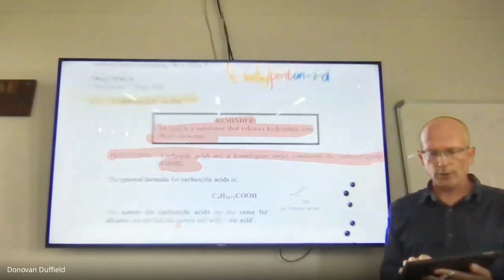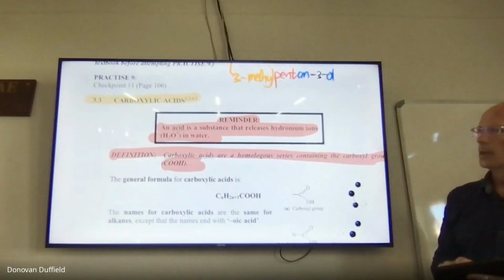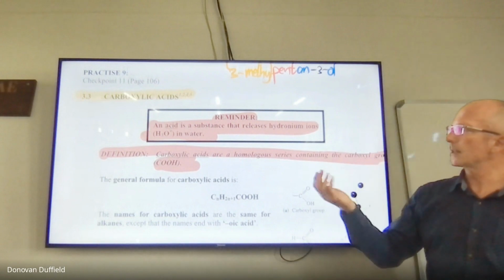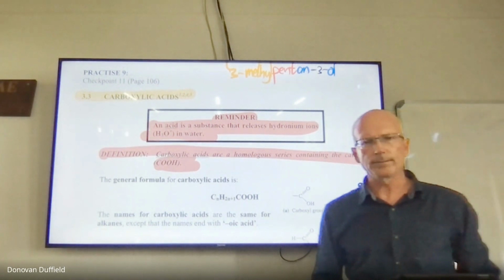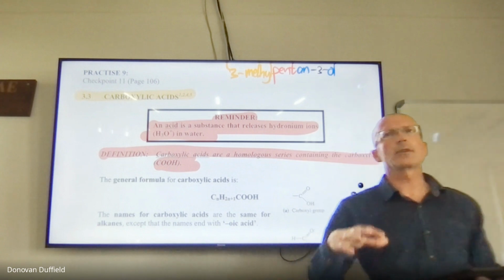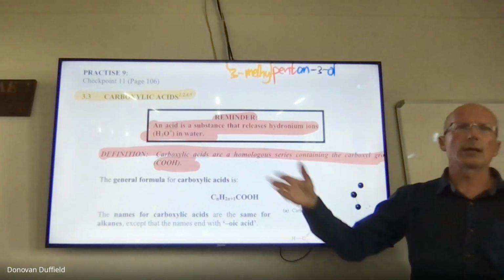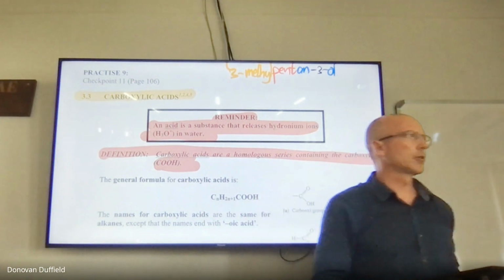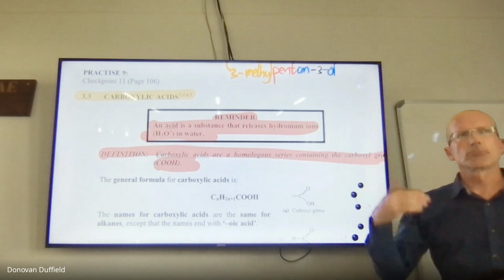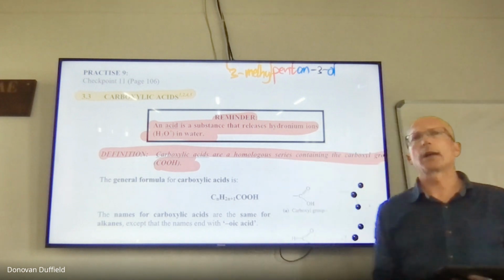The next is carboxylic acids. An acid is a substance that releases hydronium ions in water. You're doing this in grade 10, so you haven't done what we refer to as the Arrhenius definition of an acid yet. We will do that next year, in grade 11.